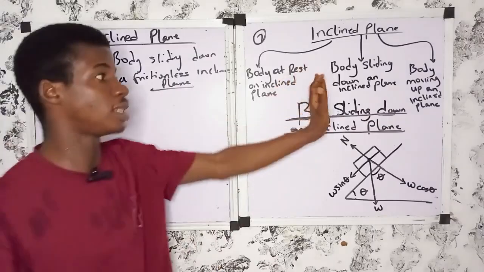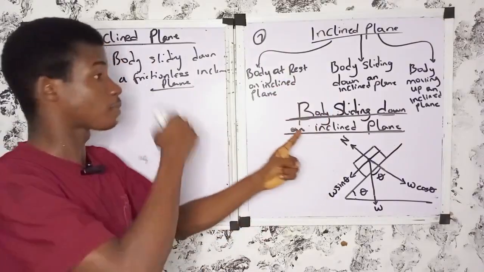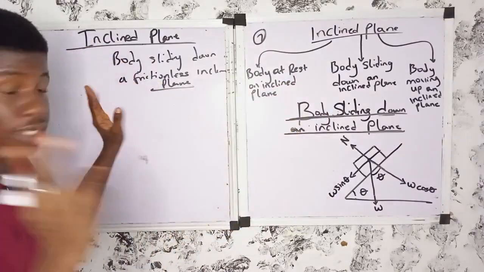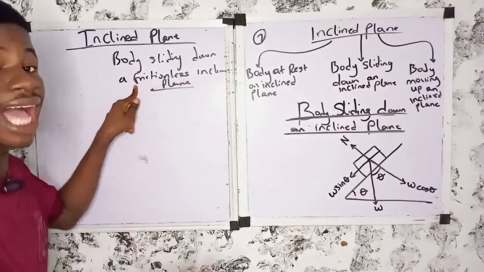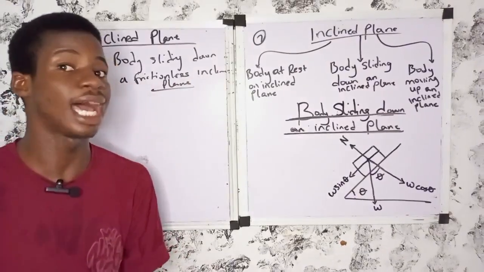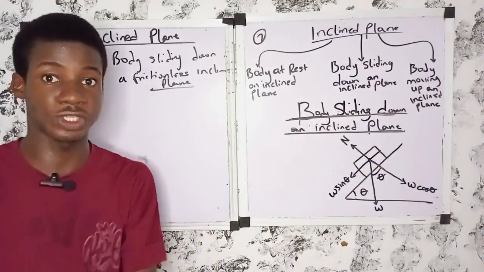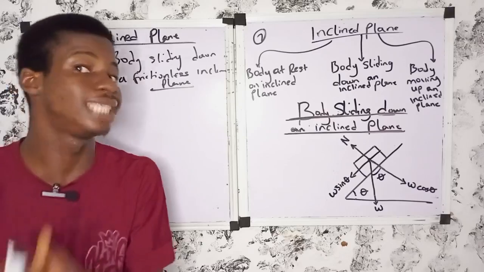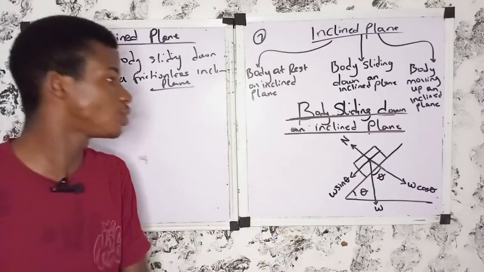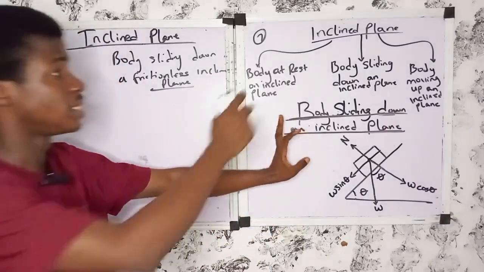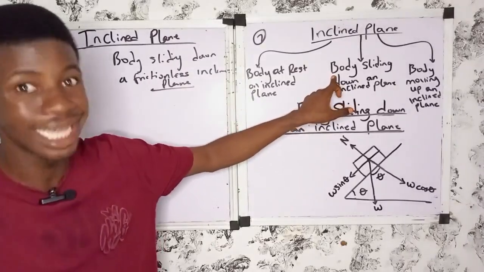Now under this other one, body sliding down an inclined plane, I told you there are two scenarios: one in which the inclined plane is frictionless, and the other in which the plane has friction. In the one with friction, the friction acting is dynamic friction, because the body is moving or sliding. And the difference between these two is that in this scenario the body is actually sliding.